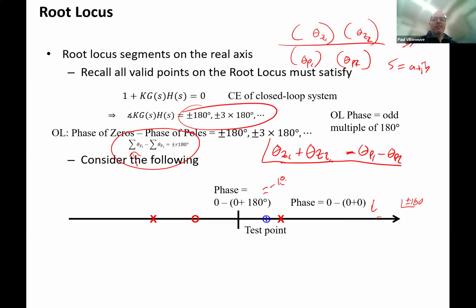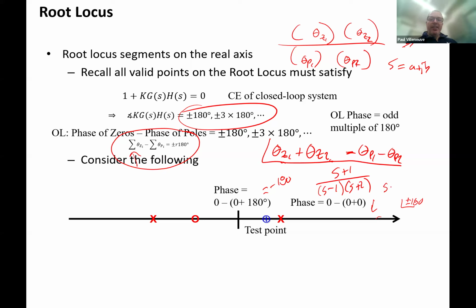What of the 0 and 1 example? So let's just say that this is s plus 1 over s minus 1 times s plus 2. That's the open loop transfer function. So what we're doing is for a test point right over here, our test point is going to be between minus 1 and positive 1.